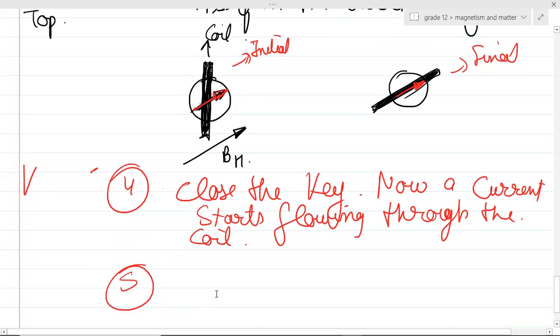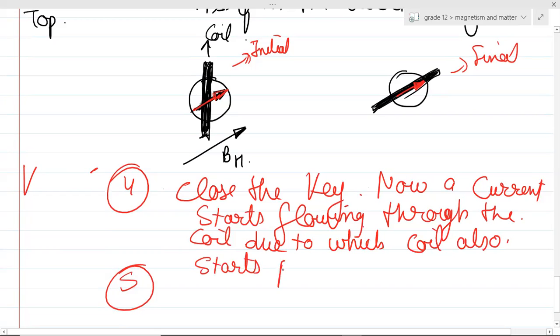Yes or no? So let's say a current is flowing in that direction, due to which the coil also starts producing a magnetic field of its own.